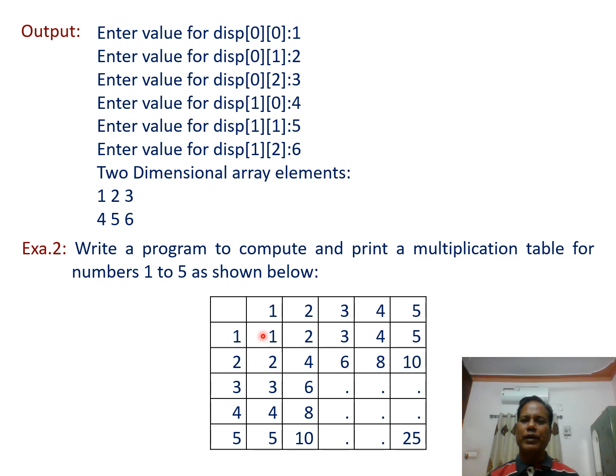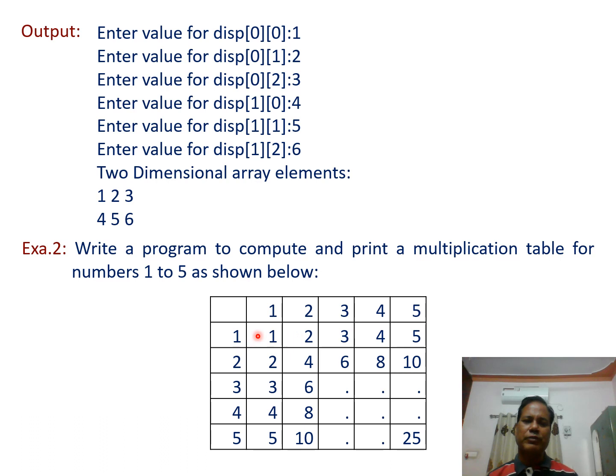We print 1, 2, 3, 4, 5 in the first row, and in the second row the values are twice. Using this logic, what is the value of the next element? Depending on that, we have to multiply the row with the column.